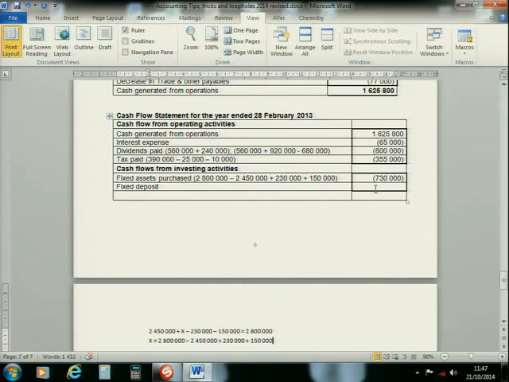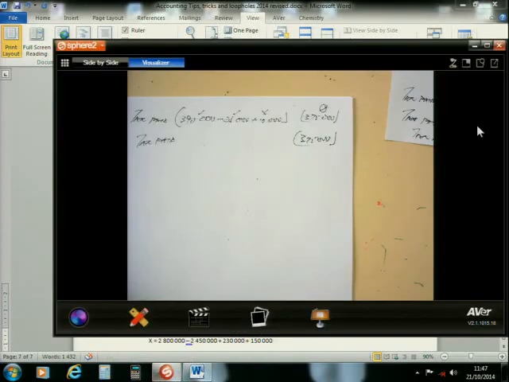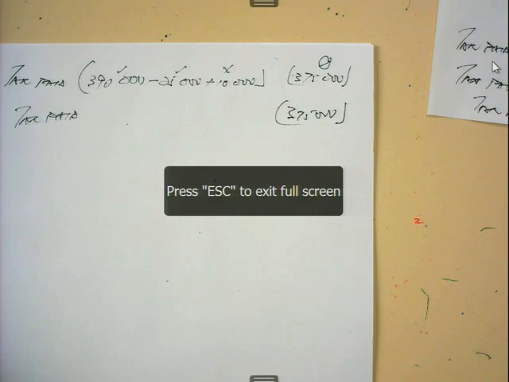Or you can go the ledger account way. You can show this by means of a ledger. Where you are not sure, you can just drop a T quickly, a T account.